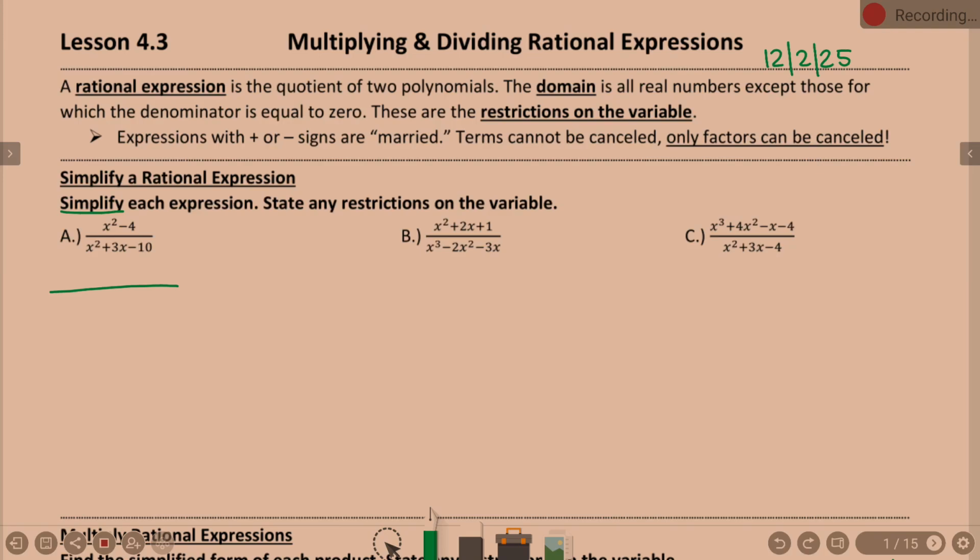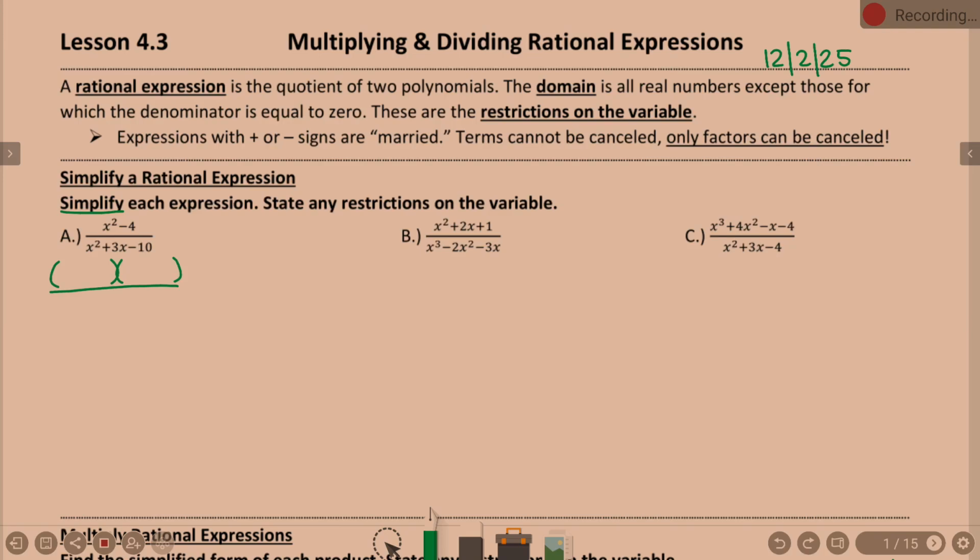What do you guys remember? x squared minus 4, how do we factor that? No, we're not going to have any i's in our factoring. Does this go into two parentheses? It does. x squared minus 4 is what I would call a difference of squares.